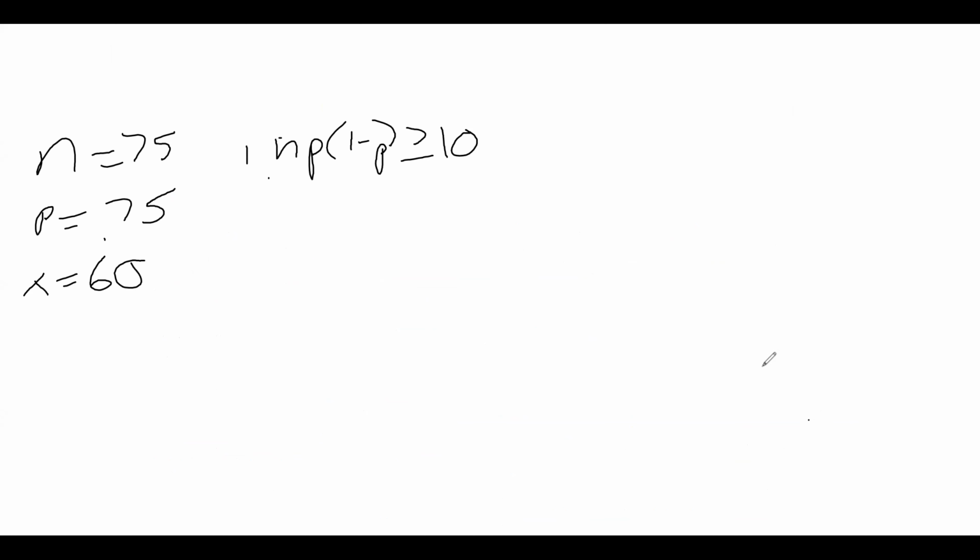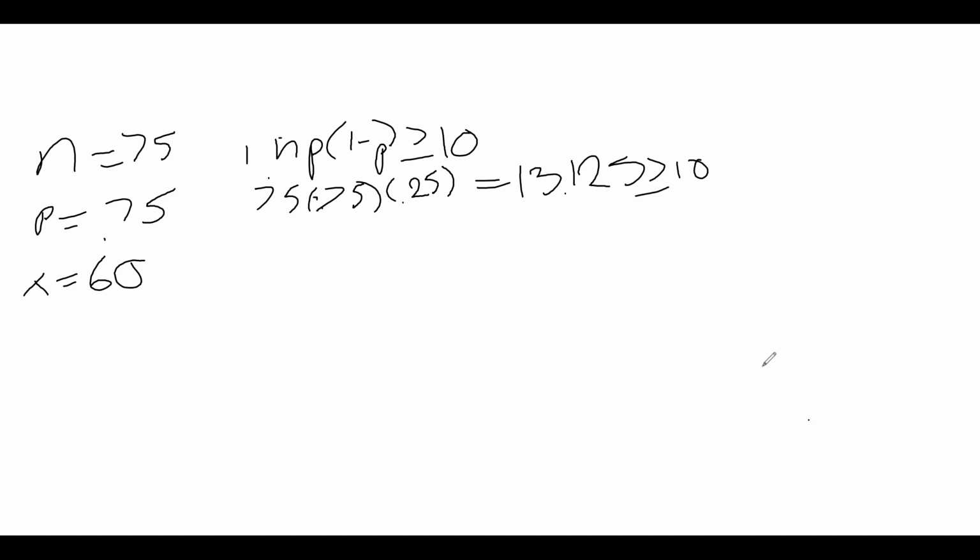So 75 times 0.75 times 0.25 equals, and I don't know what that equals. Someone do the math. 13.125, which is greater than or equal to 10. So it's perfect. We can keep moving forward.